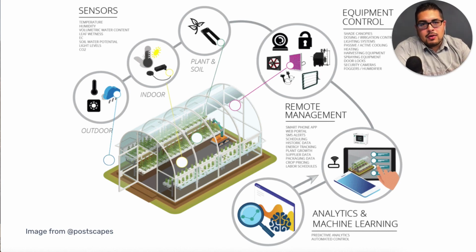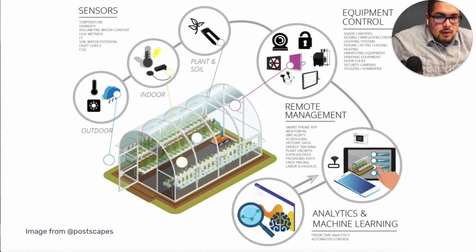You have your indoor sensors for humidity and light and different air, carbon dioxide. You can check soil. Some people use soil sensors to track humidity, or if they're doing aeroponics, they'll see if there's moisture on the roots. And if you're using equipment to control it, you can control all that stuff with fans, with roofs, rooftop, light, shades.